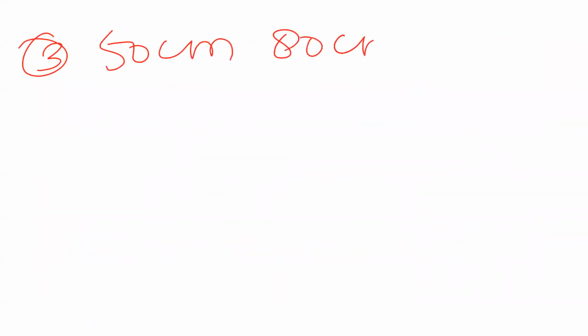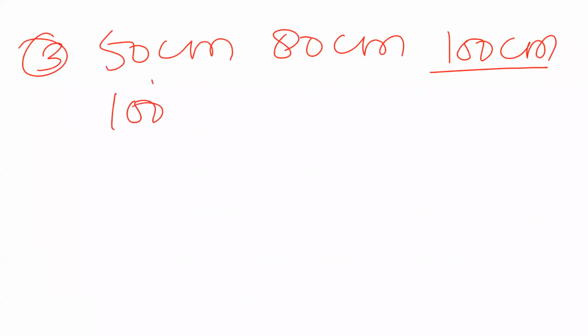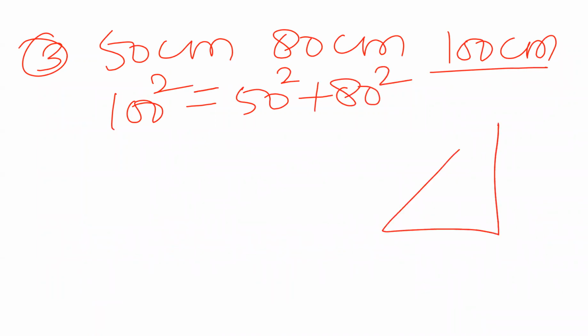Take third one, 50 centimeter, 80 centimeter, and 100 centimeter. So larger side is 100. 100 square is 50 square plus 80 square. We have to check using the Pythagoras theorem.